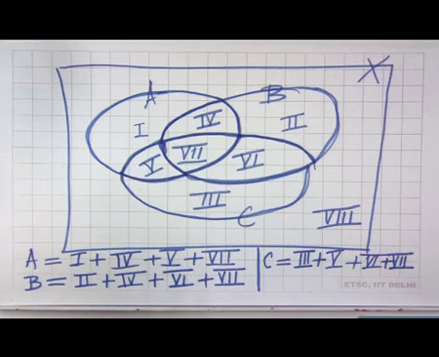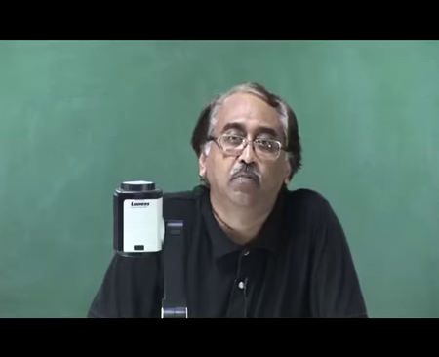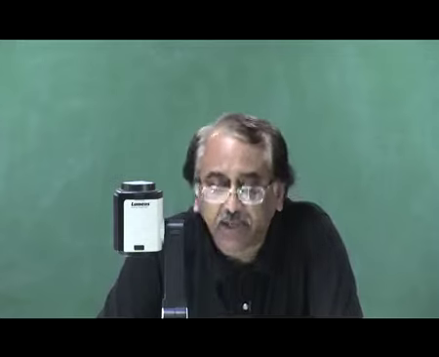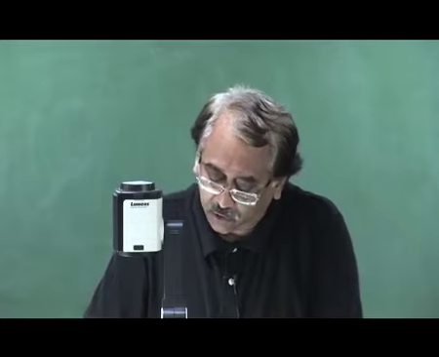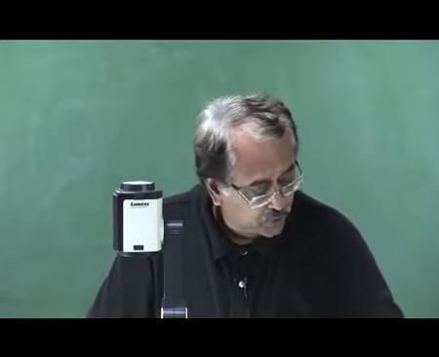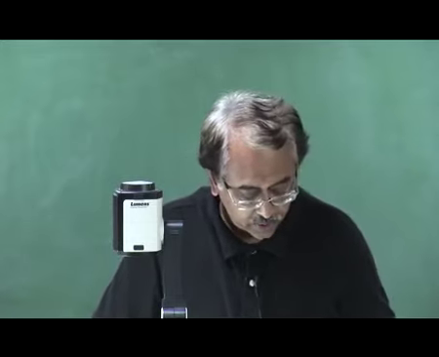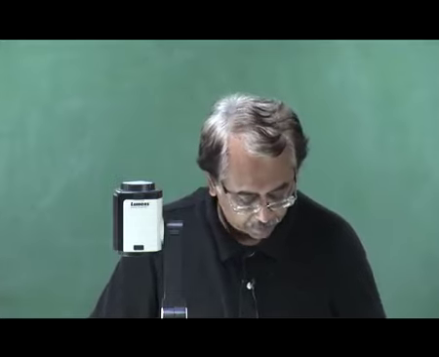Therefore, the central region here, 7, is actually the intersection of A with B and C. In other words, A intersection B intersection C. You can similarly give set theoretic notation to each of the other regions, which I'm not doing just now. Let me write down a formula corresponding to what I wrote down for the 2 set version that I get for the 3 set version.